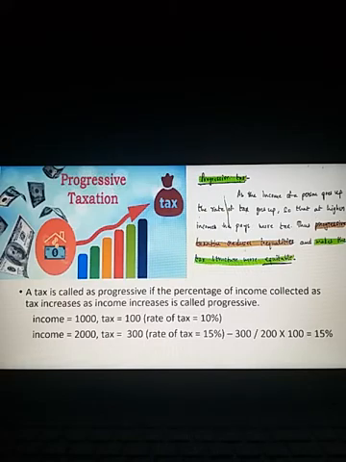Thus, progressive taxation reduces inequalities and makes the tax structure more equitable, which means that the rich will pay more tax and the poor will pay less tax. As a result, progressive taxation ensures equality or makes the tax structure more equitable.